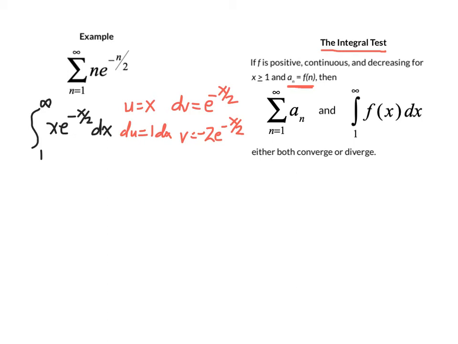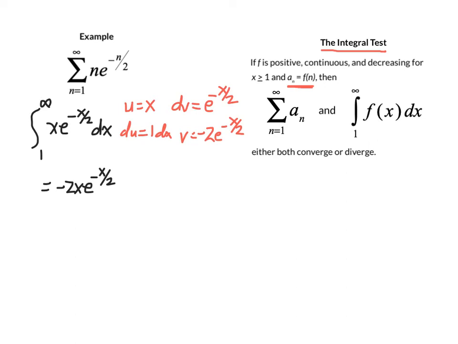So we go ahead and run the integration by parts formula. uv says we're going to write that as negative 2x e to the negative x over 2 minus the integral of v times du.